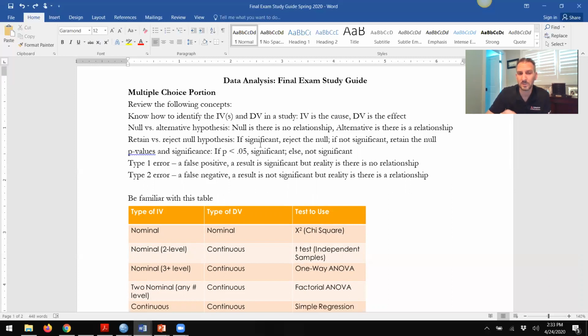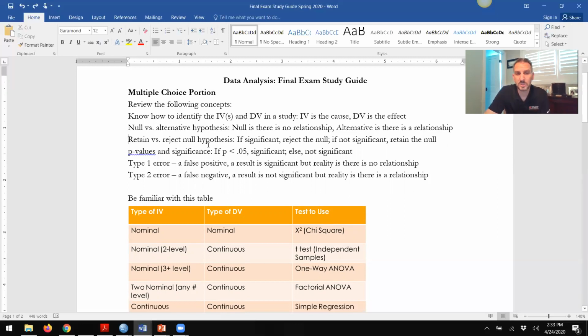You're always making a decision about the null hypothesis. You're either rejecting or retaining it. And rejecting basically means that your hypothesis that they are related is correct, but it's really essentially about the null hypothesis. If it's not significant, you have to stick with the null hypothesis.